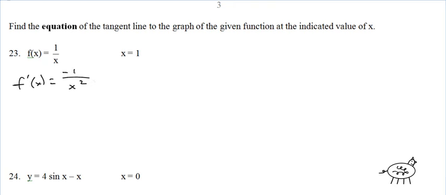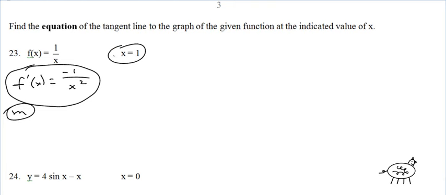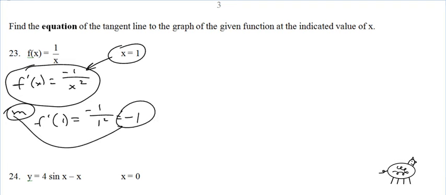Okay. And then let's just find the equation. Of course, this is to find the slope, m, of the tangent line. And so we're going to plug that value of x into here to actually find the slope. So f prime of 1 is equal to negative 1 over 1 squared, which is negative 1. So that's my slope. That's m.